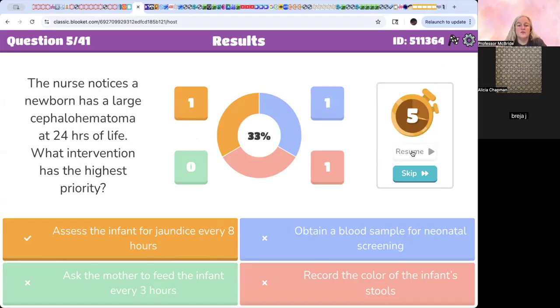Okay, assess for jaundice. Why do we want to assess for jaundice?